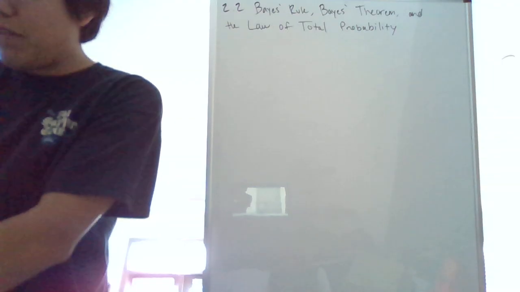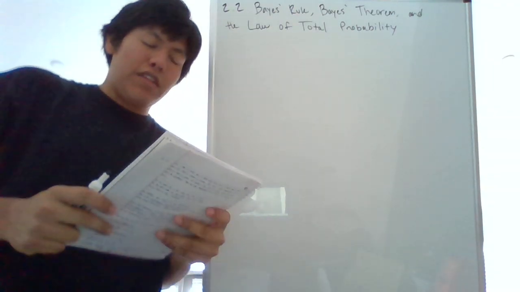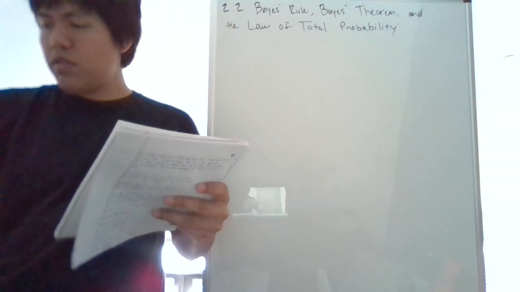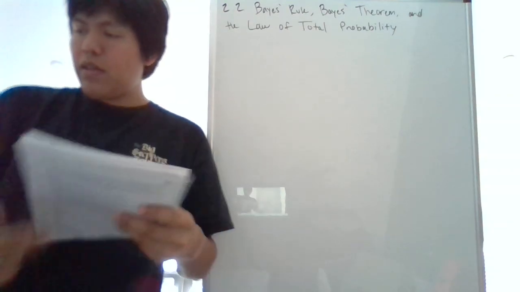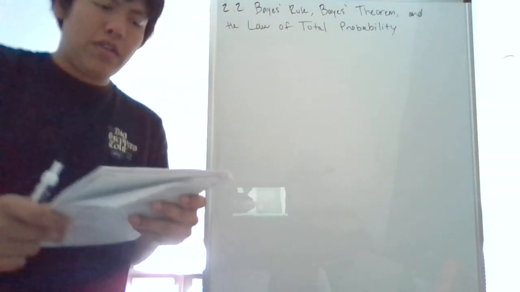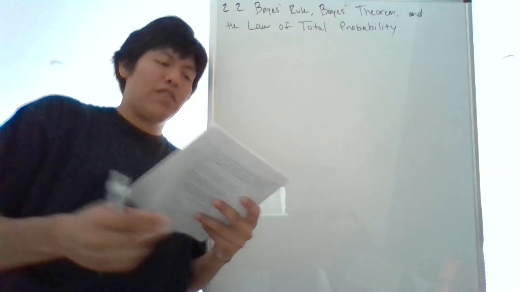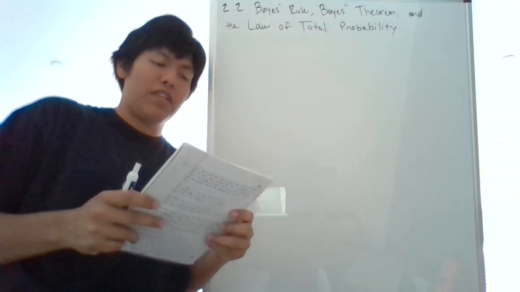We'll do another example. This one involves a set of twins. Identical twins are the same sex, while fraternal twins have a 50-50 chance of being the same sex.